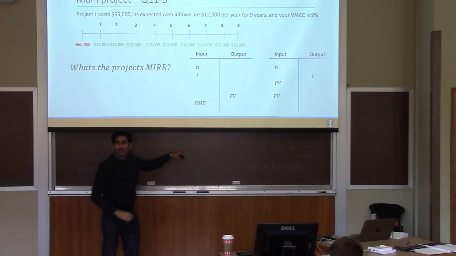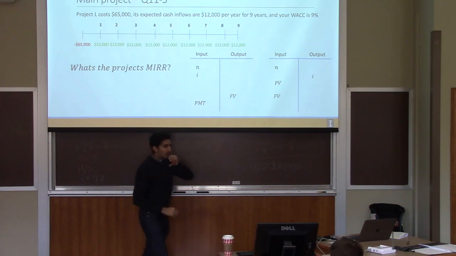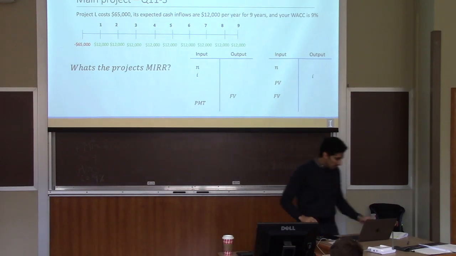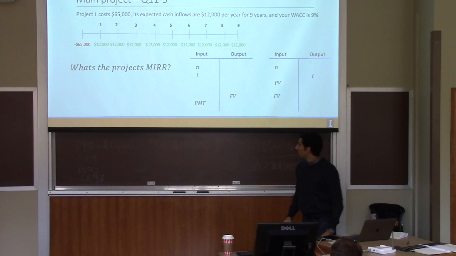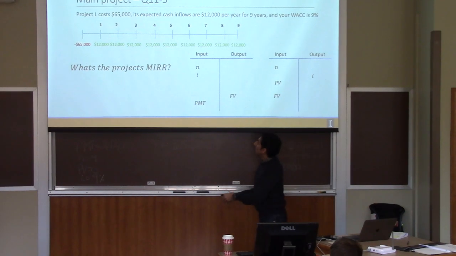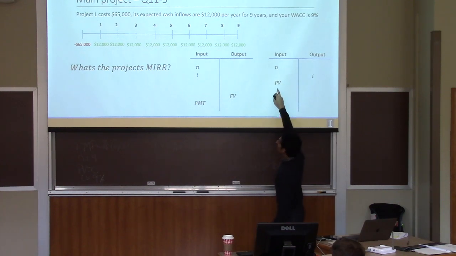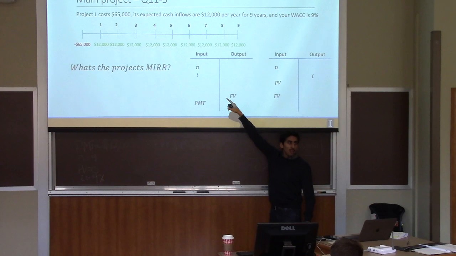Everyone get the same answer? Anyone got a different answer? Yeah? So that's our future value. So the future value of all of these payments is 156,252. That's here. The present value is how much? $65,000. Don't forget the negative sign. Number of periods is 9 years. What's your modified internal rate of return?